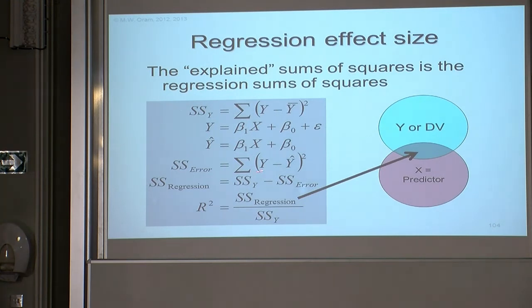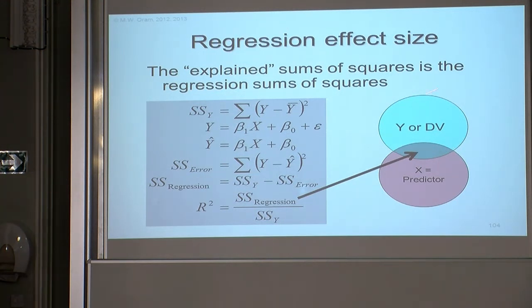We can calculate an error term, which is y minus the estimate, and that's that area there. The sums of squares of the regression is the sums of squares of y, that total area, minus that, so it's that little bit here. Then we've got an r squared of the regression, which is this bit divided by the total.